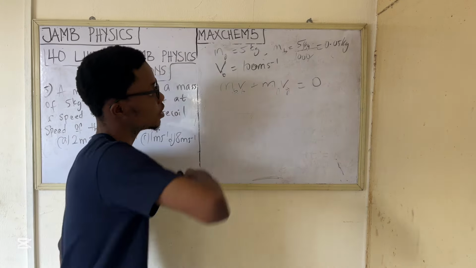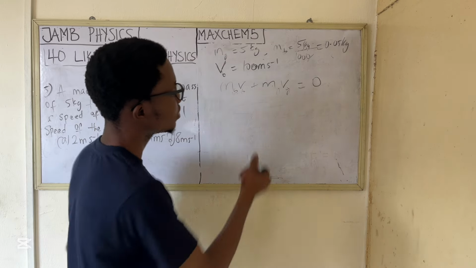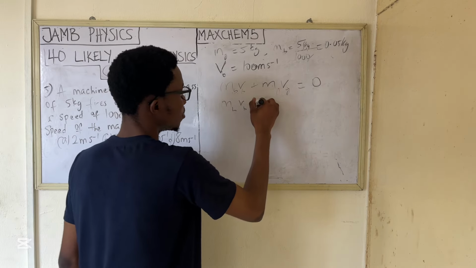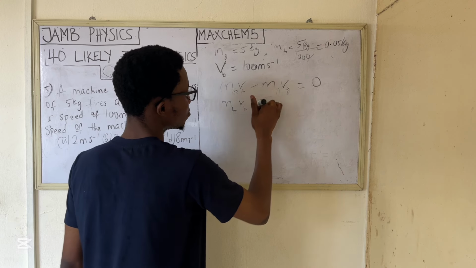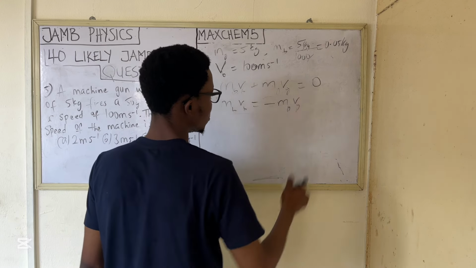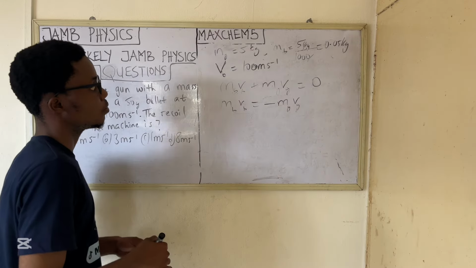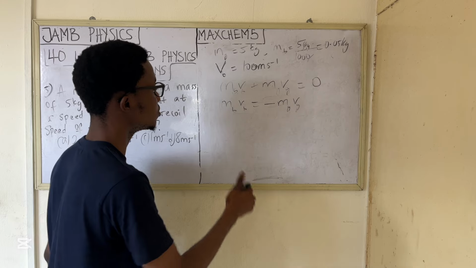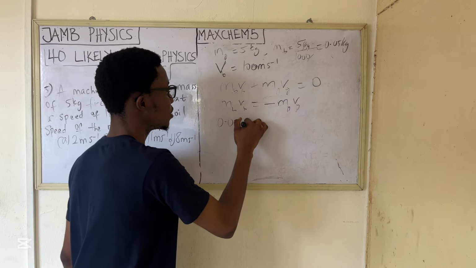So from here you take this to the other side. You now have mb vb is equal to minus mg vg. Now what's our mb? Mass of the bullet, that is 0.05 kilogram.